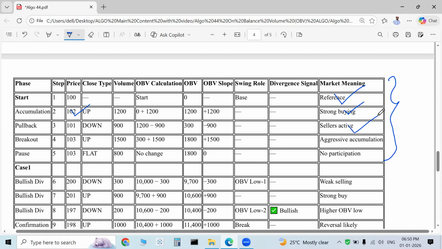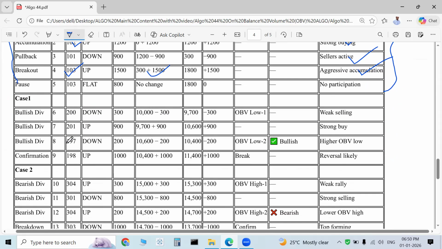Here the seller is active. Aggressive accumulation is happening because the price is increasing and we are adding it, and now there is no participation. So the first cycle is only to understand what is happening. Now let me show you the bullish divergence.